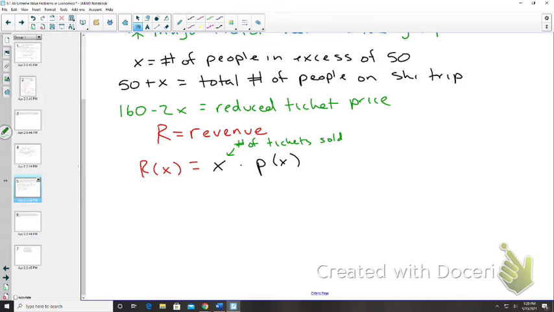It's going to be 50 plus x, because we're in excess of 50, and the price is going to be 160 minus 2x. We can expand these brackets so it's easier for us to solve. So 50 times 160 is 8,000.